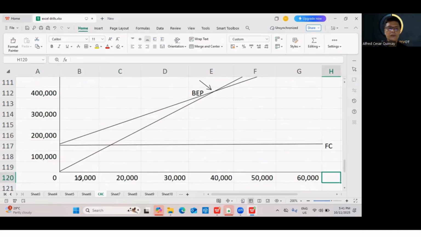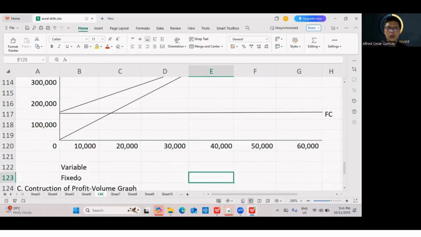Now, a variable cost, for a simple definition, is a cost that varies as the number of sales increases, whereas the fixed cost doesn't vary. In other words, it remains constant.